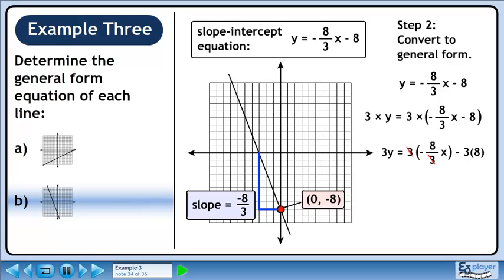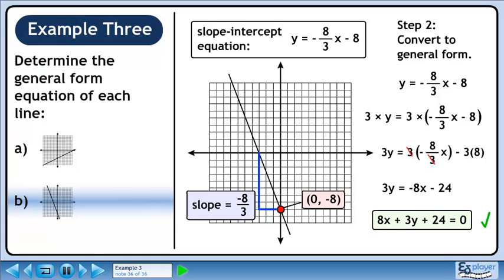The 3's cancel out. This gives us 3y equals -8x minus 24. Bring all terms to the left side to get the general form equation 8x plus 3y plus 24 equals 0.